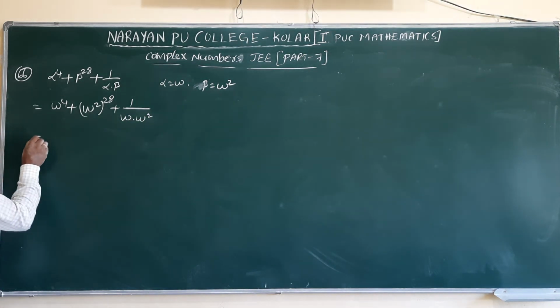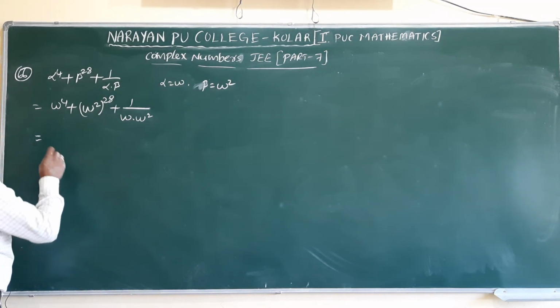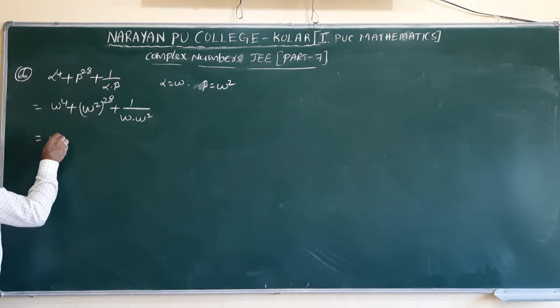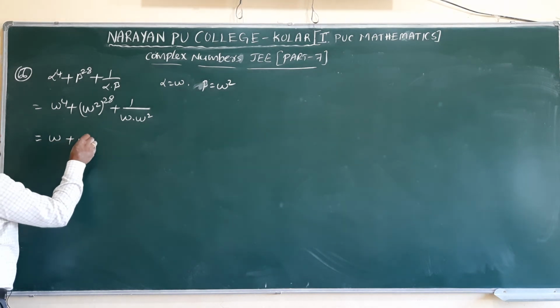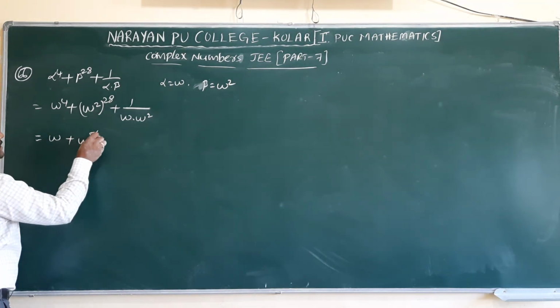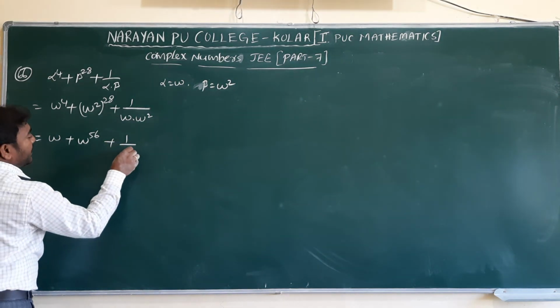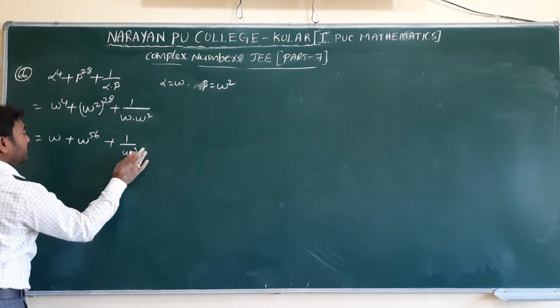Now here we already know that omega power 4 is omega cube into omega, and omega cube value is 1, so directly omega. Plus omega power 56, plus 1 by omega cube. Omega cube value is 1 directly, no problem.